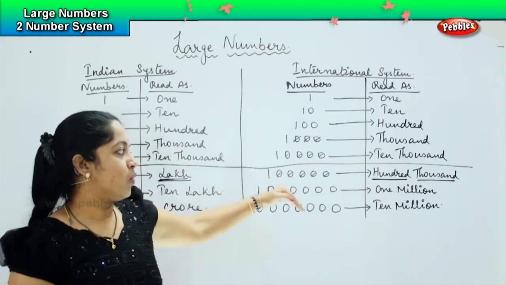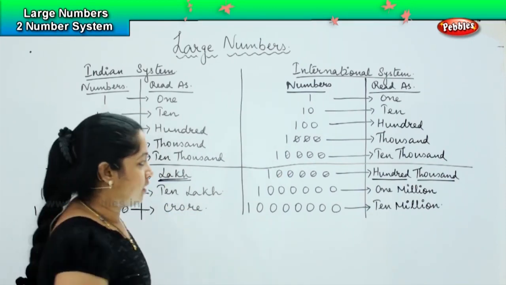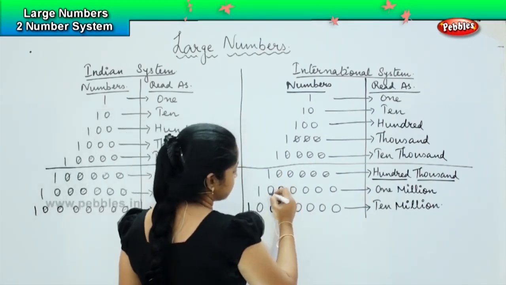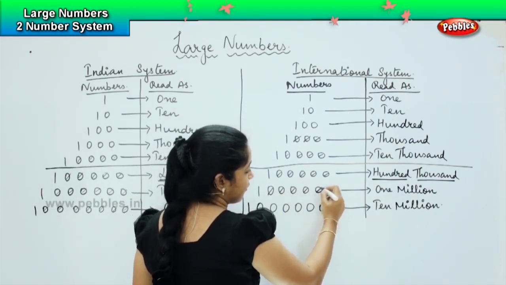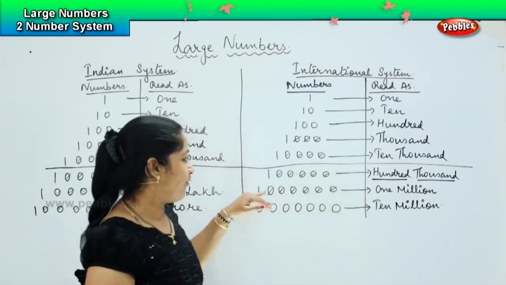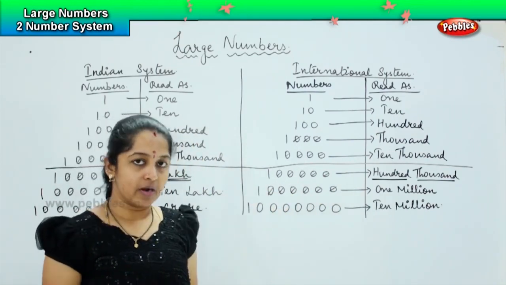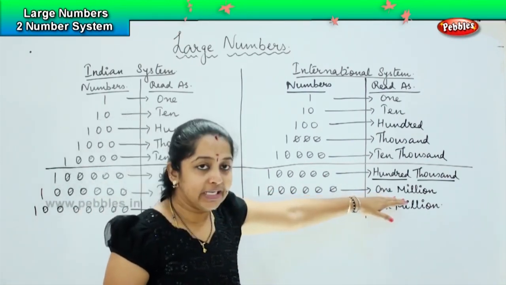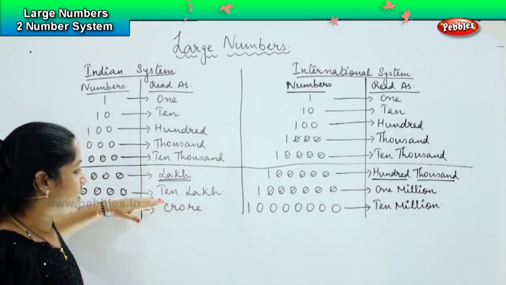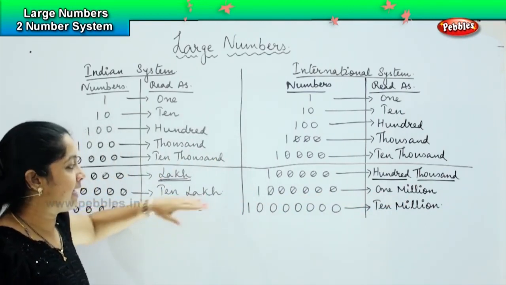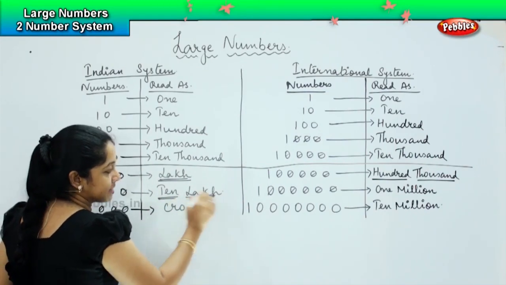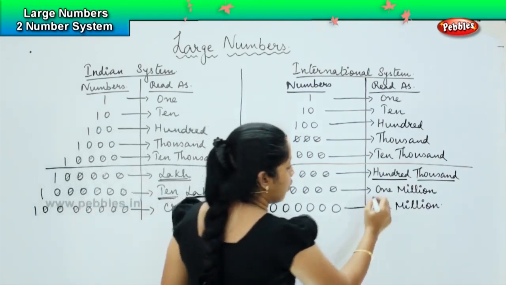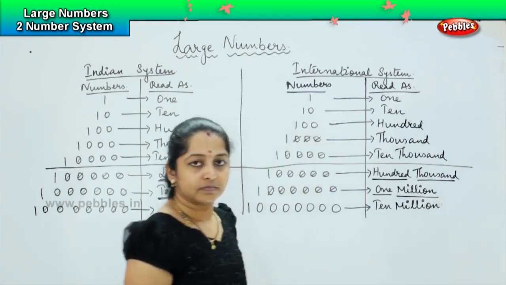Okay. Let us see what will come after 100,000. So how many zeros are here? 1, 2, 3, 4, 5, 6. So 1 followed by 6 zeros is called 1 million. And what do we call the same thing here? We call it 10 lakhs. So which means 10 lakhs is equal to 1 million.